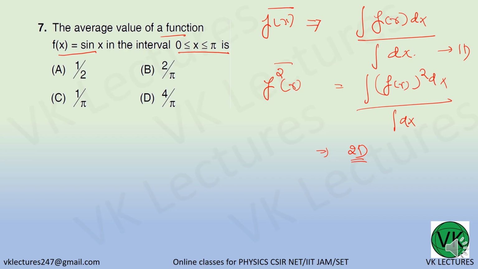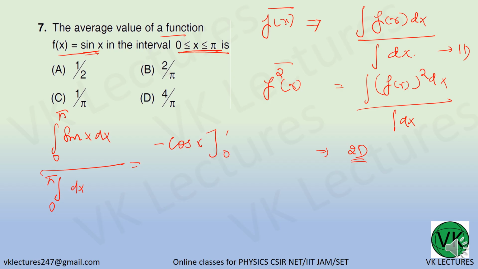Now here the question is f of x equal to sin x and the interval is given. So integral sin x dx from 0 to pi, and integral dx from 0 to pi. The integral of sin x is minus cos x from 0 to pi, divided by x from 0 to pi.